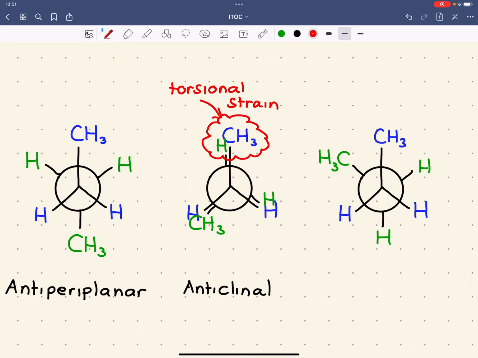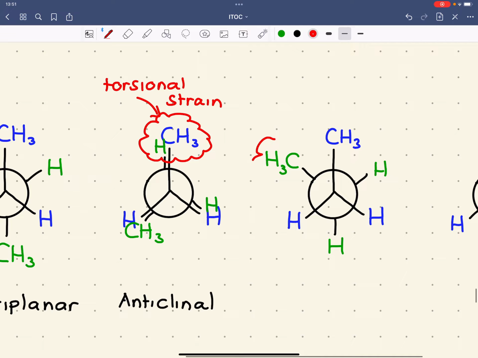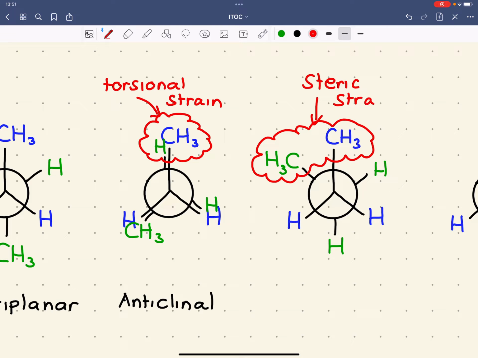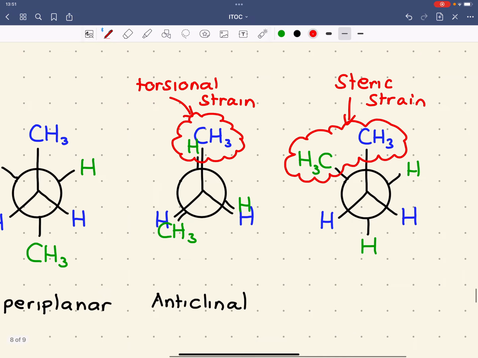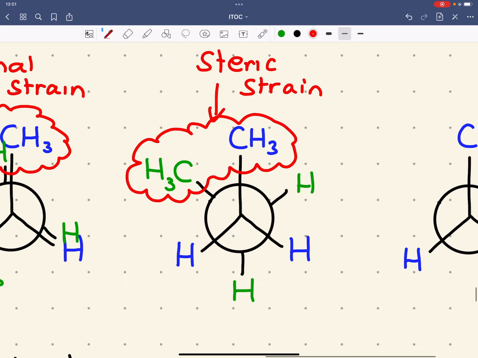And this here is something called steric strain. We sometimes call this a gauche interaction. And this arrangement in space is called a synclinal.